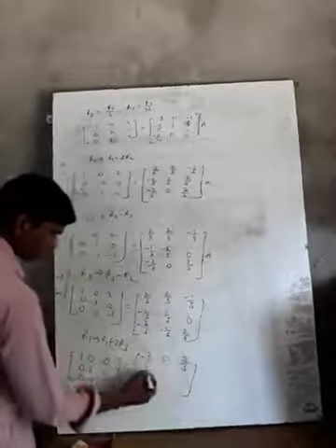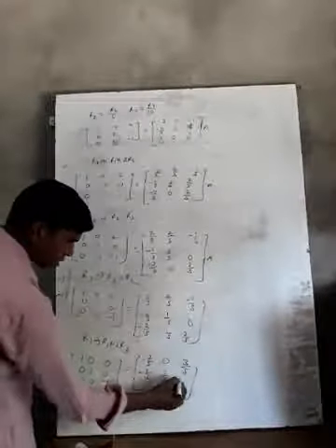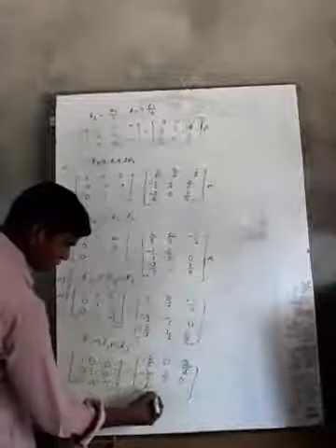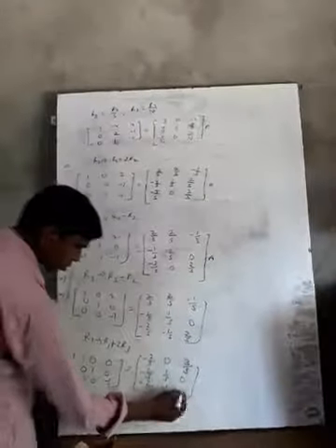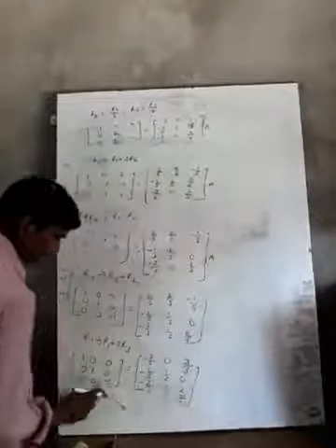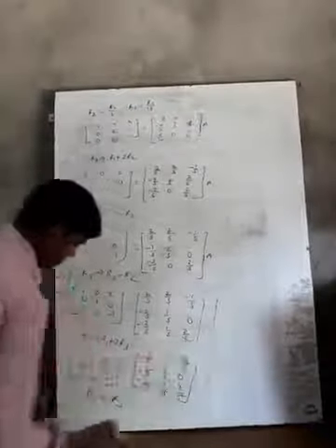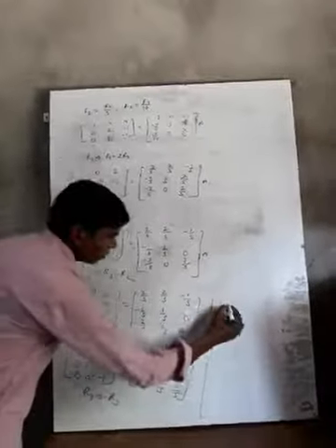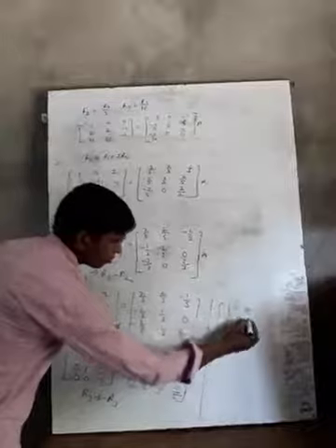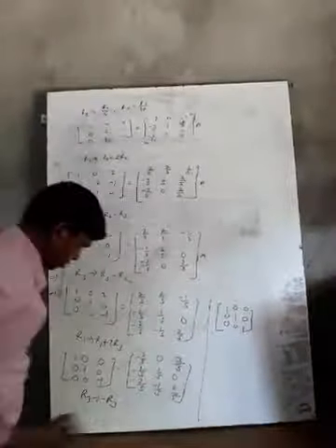But now the last step is going on. Here we need 1, so we can do only the last step. R3 will change to minus R3. So at last we can write here 1 0 0 0 1 0 0 0 1.